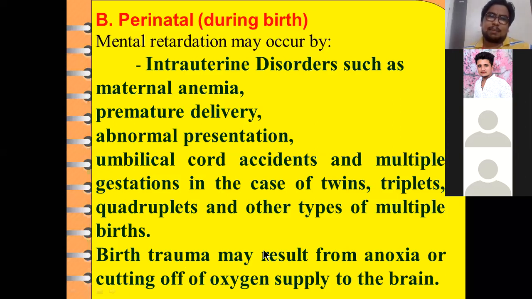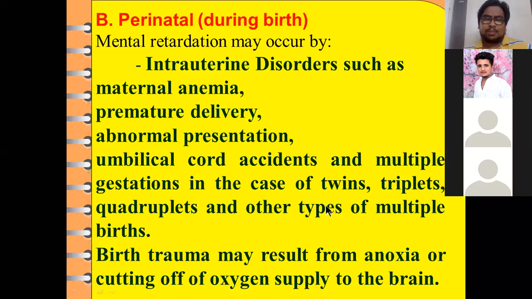Anoxia: during delivery, if the baby is not getting adequate oxygen because of prolonged delivery, if the baby's head is not coming outside, the baby suffers hypoxia. Absence of oxygen, anoxia, can decrease or cut off the blood supply to the brain. So that may also cause mental retardation.